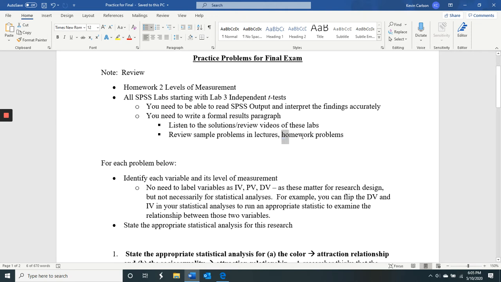Same thing for the homework problems. So the homework problems, we had results paragraphs that you had to write. So given that we're doing inferential statistics on this final exam, it would be the homeworks that have to do with the independent t-test, paired t-tests, one-way ANOVAs, repeated measures ANOVAs, the correlations.